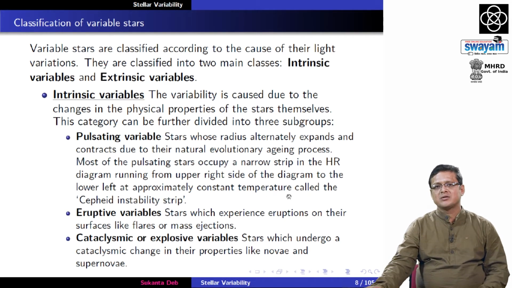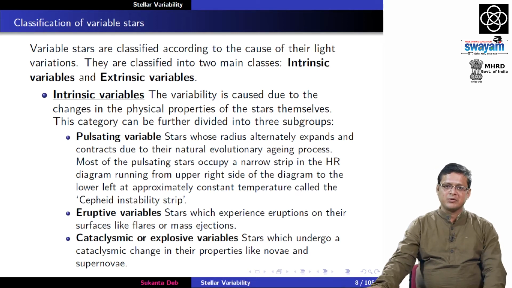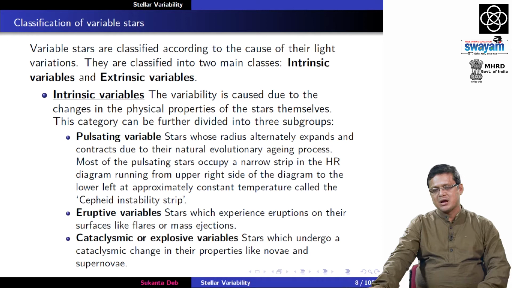Eruptive variables are those stars which experience eruptions on their surfaces like flares or mass ejections. And cataclysmic variables or explosive variables are the ones which undergo a cataclysmic change in their properties, like nova and supernova.